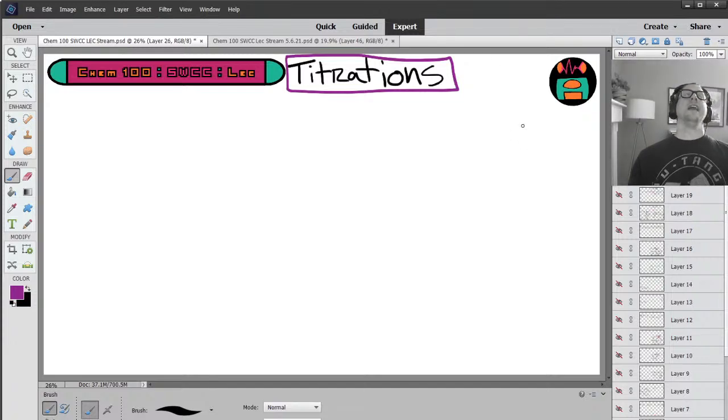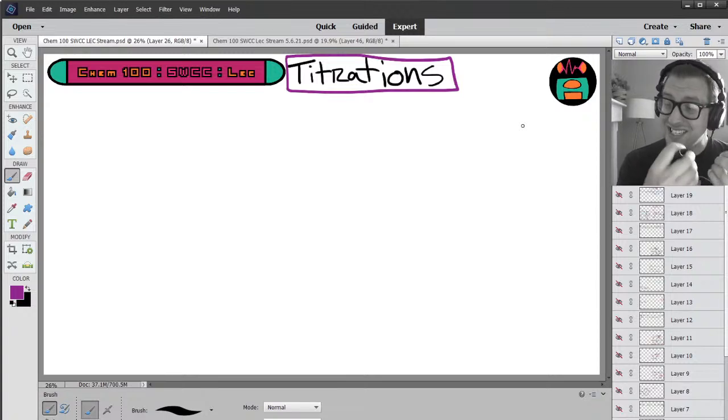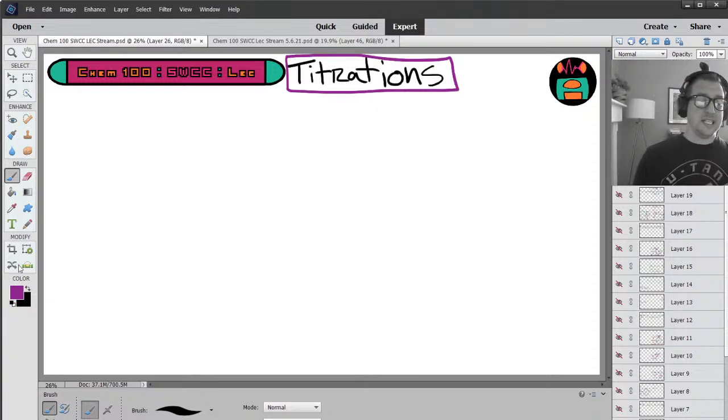Often I'll hear students talk about titration reactions, but that's technically incorrect. A titration is not a type of reaction. A titration is a type of experiment.